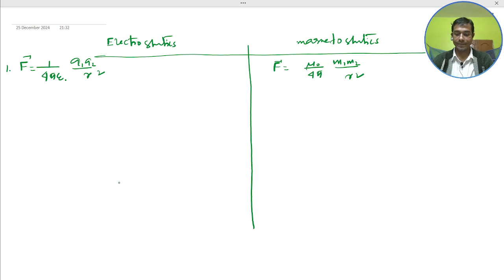Just compare this. Here the electric field E is equal to F by q naught, and here the magnetic field B is F by m naught. Here also Gauss law is applied. Next, the field due to a dipole.